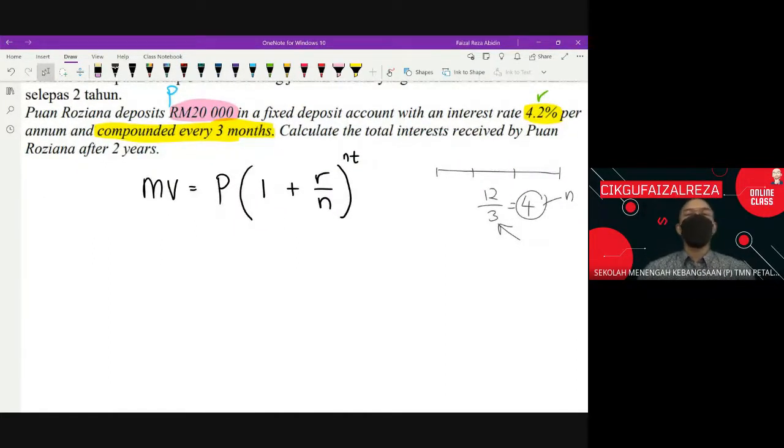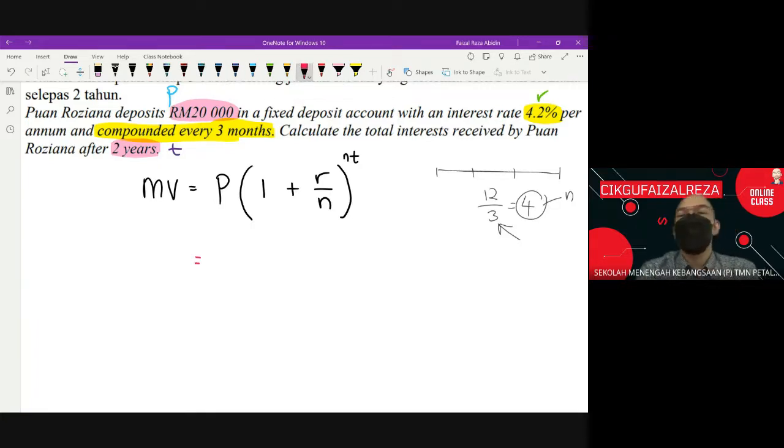Okay. Calculate the total interest received after 2 years. So 2 years here means that this is going to be our T here. And just now we have N. So now can we just substitute into our formula? Yes.